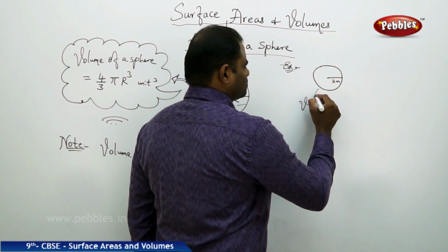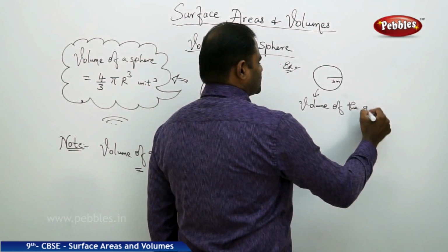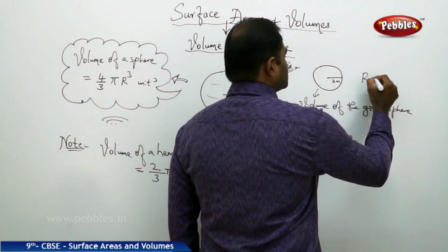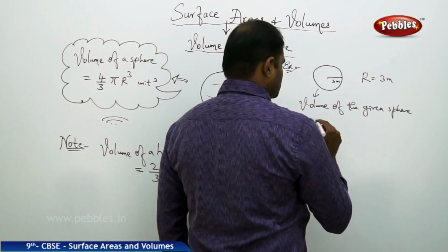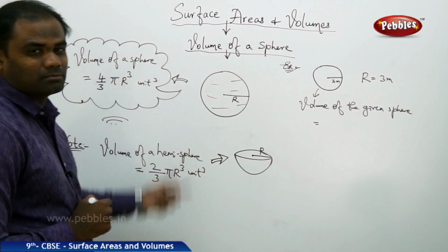Then the volume of the given sphere whose radius is given to be 3 meters is clearly given by the formula 4 by 3 pi r cube.